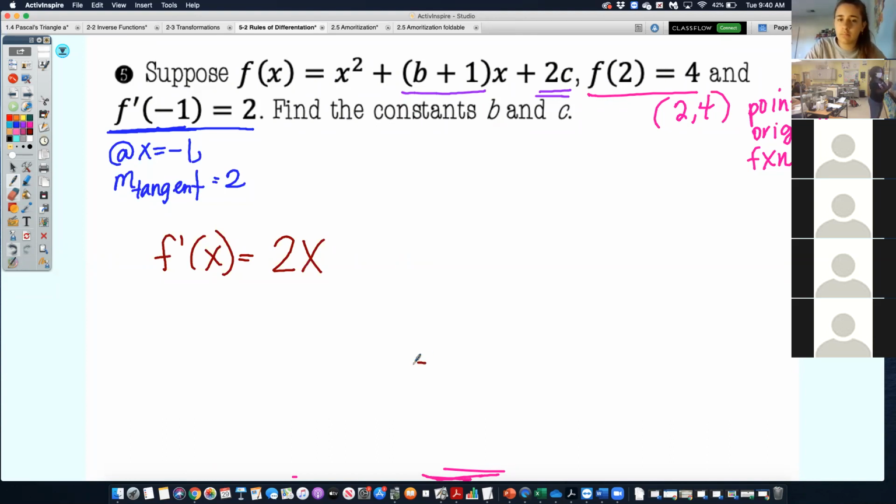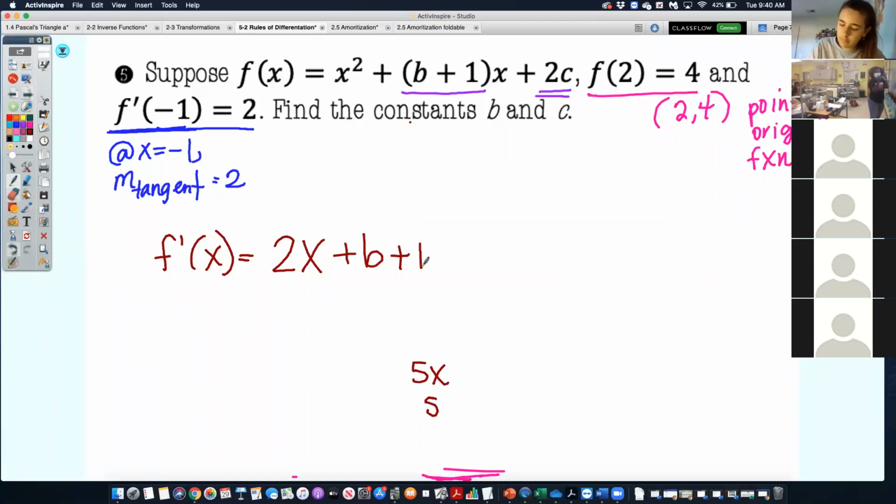But like before, when you have 5x and I asked you to take the derivative of it, what was it? It's just 5. You just drop off that x. So if this is b plus 1, that represents a constant, times x, the derivative of that is just going to be b plus 1.